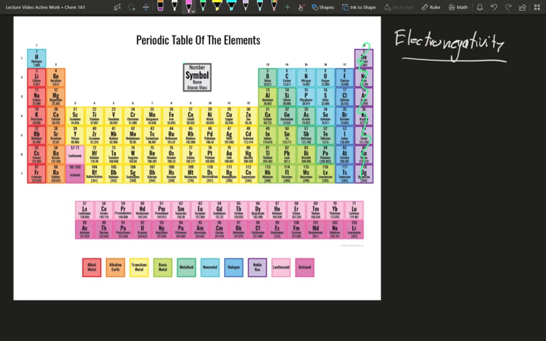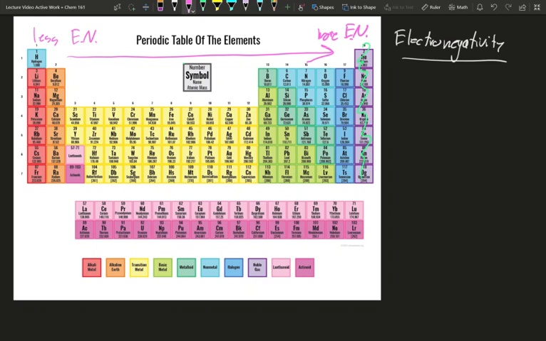As you move to the right on the periodic table, you are more electronegative. Over on the left, you are less electronegative. So within a row, say lithium to fluorine, fluorine is way more electronegative than lithium.